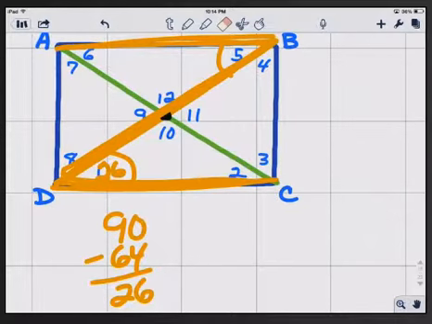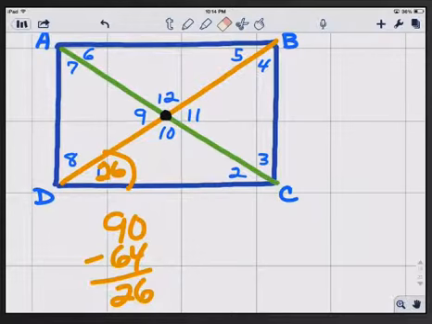So if angle 1 is 26, angle 5 has to be 26. And then angles 4 and 5 add to equal 180, so angle 4 ends up being another 64-degree angle.